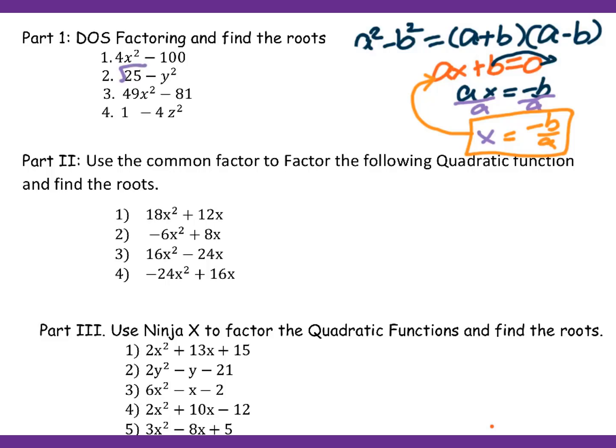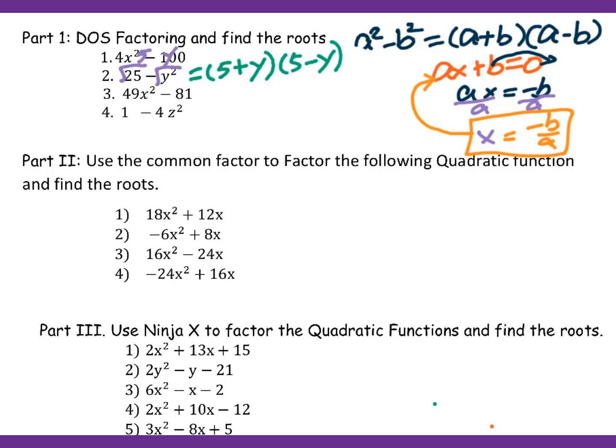Still, we take the square root of these 2 terms. I got the 5, I got the y. Therefore, 5 plus y, then 5 minus y.